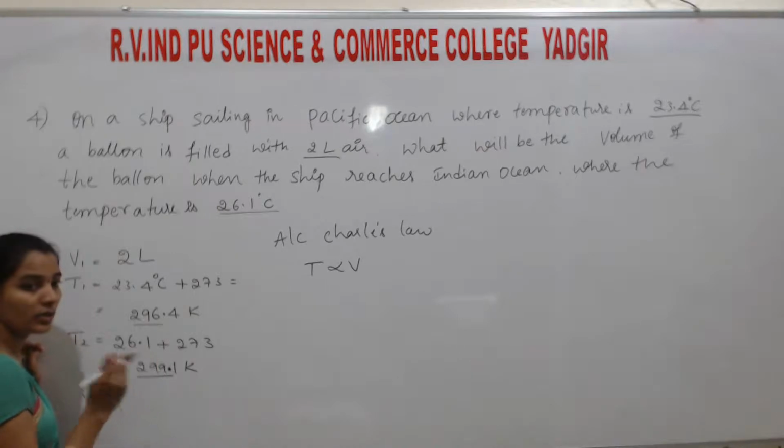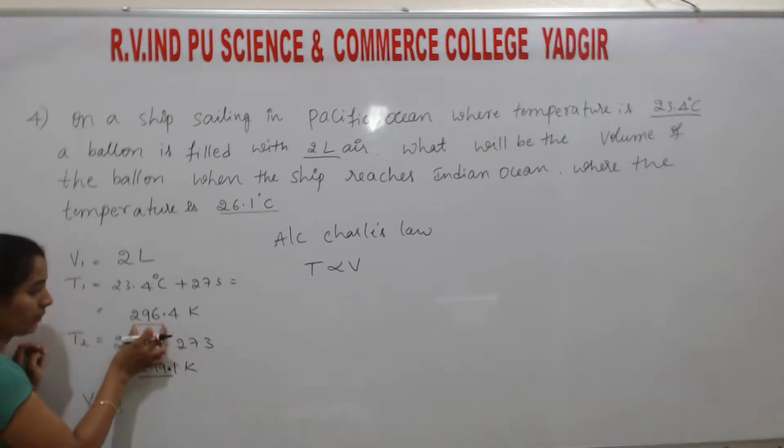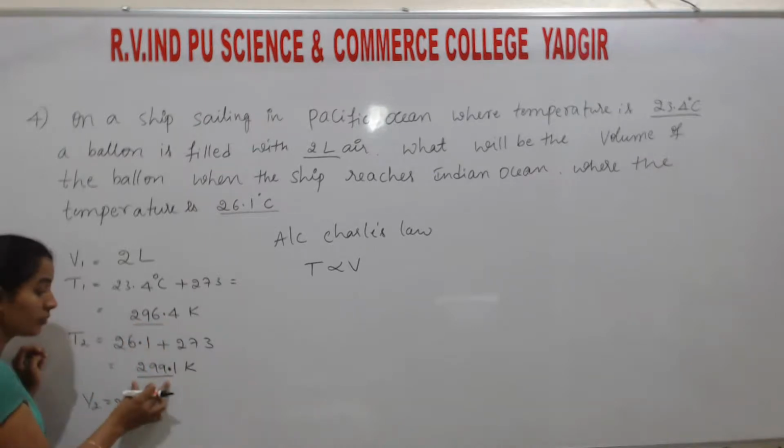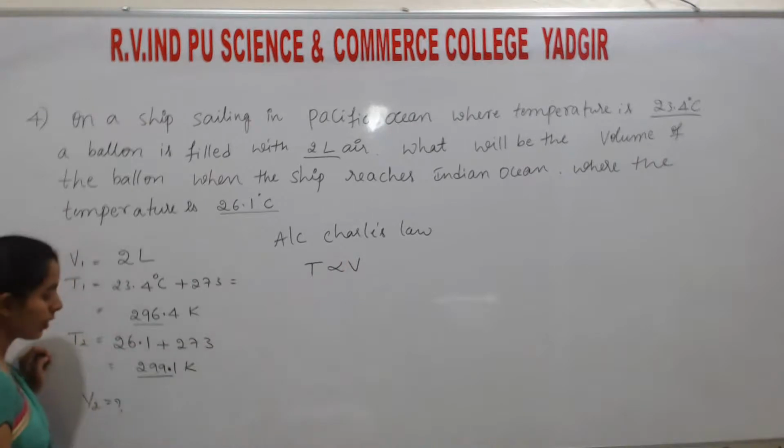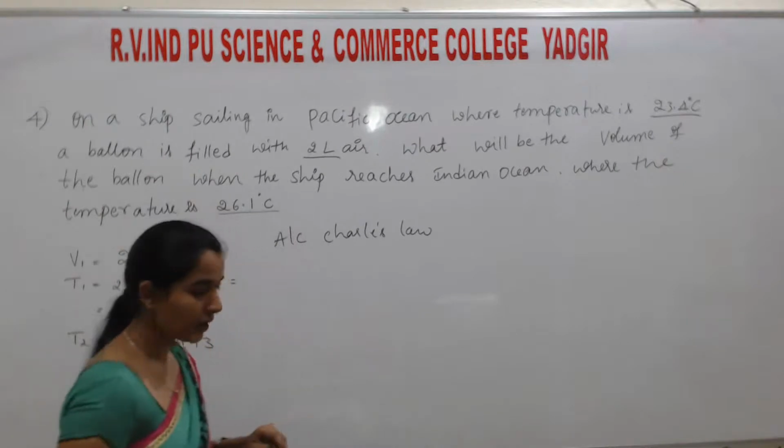Does the temperature increase or not? It increases. Then obviously the volume V2 must be greater than 2 liter. If it is like that, then your answer is correct. Compare, students.